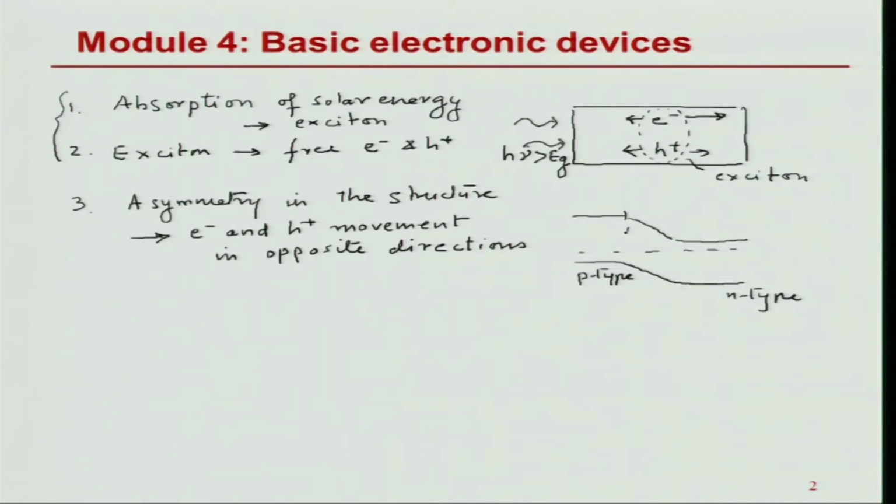And in equilibrium, such a junction has a built-in field, which means if I have an electron here, by its natural field, it will be going towards this end, which we will call cathode, and a hole here will be going towards the other end, which will be called anode.